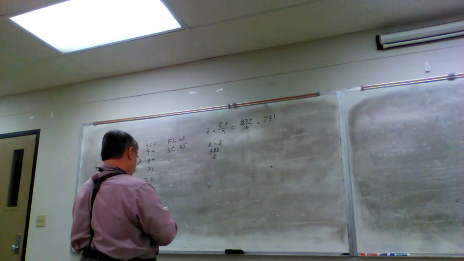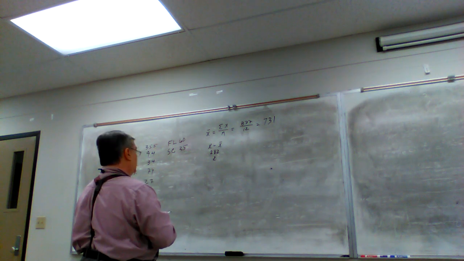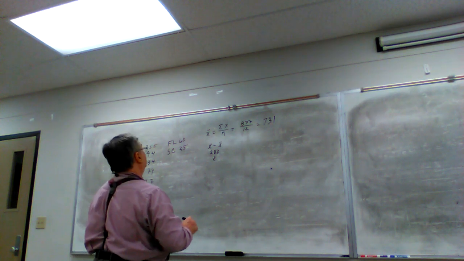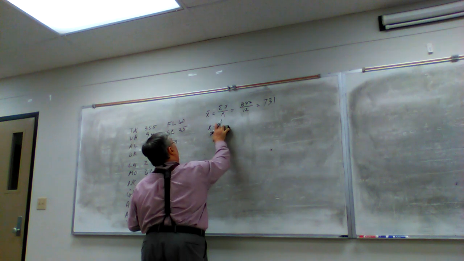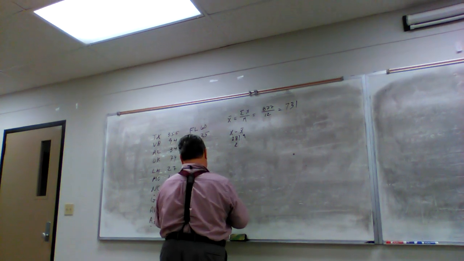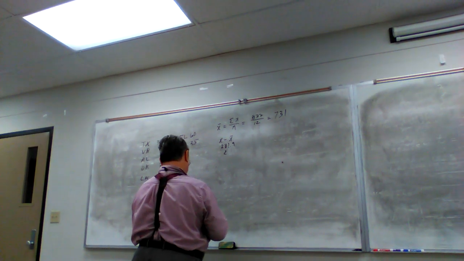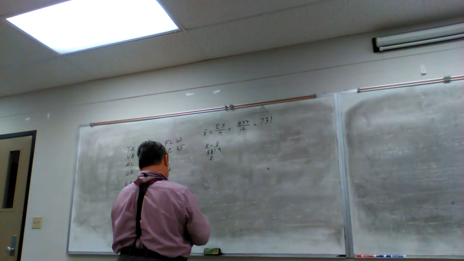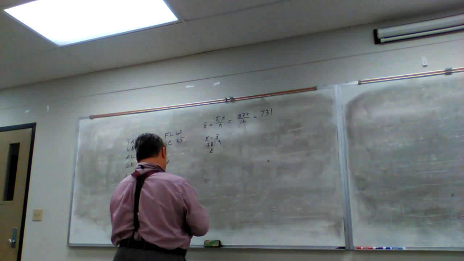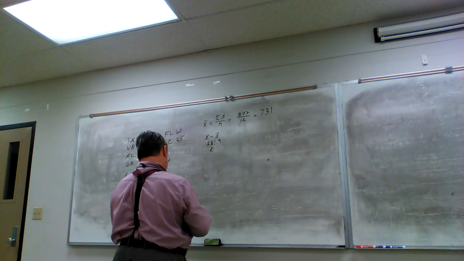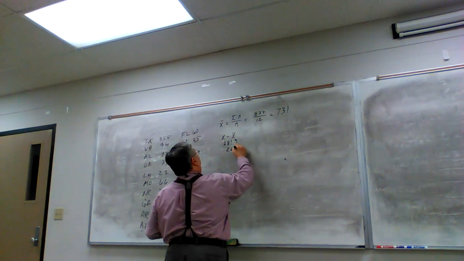So we have 355 minus 73.1, 281.9. And 94 minus 73.1, 20.9.